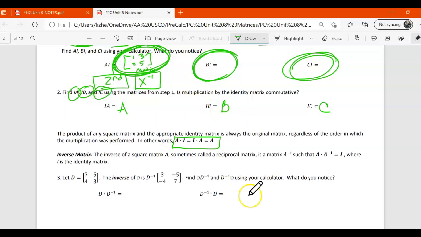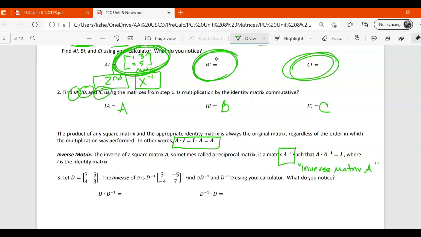Okay, inverse matrix. The inverse of a square matrix A is sometimes called a reciprocal matrix. We use A to the -1, but we read it as inverse matrix A. Okay, it's not an exponent.